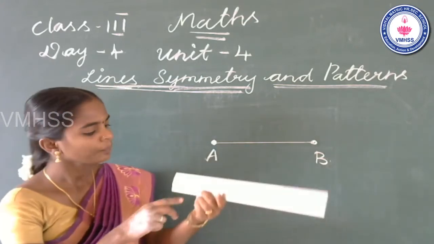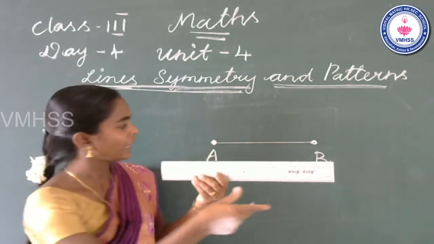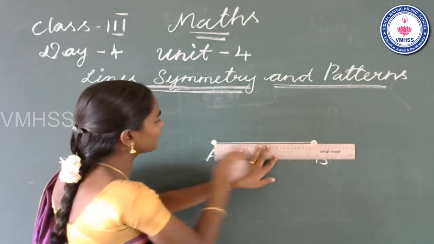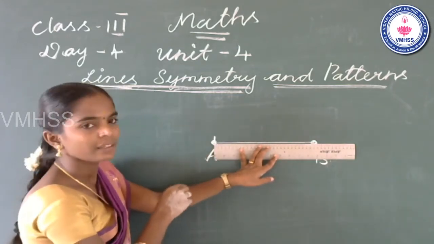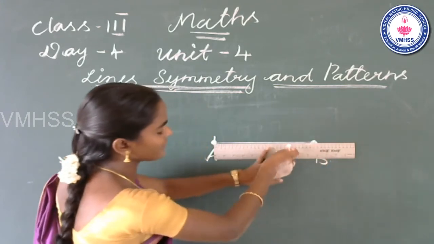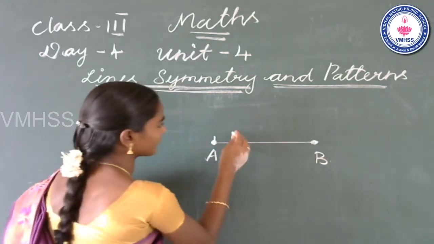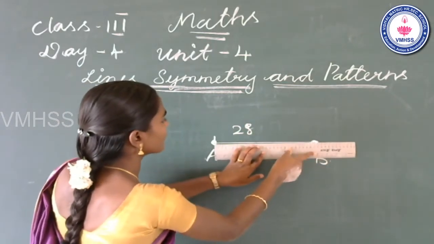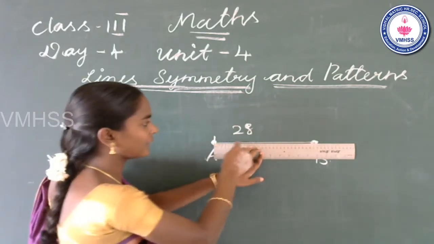Children, listen. This is 0 centimeter. First we take the ruler and keep the 0 centimeter end of the ruler at point A. Next we read the number carefully.